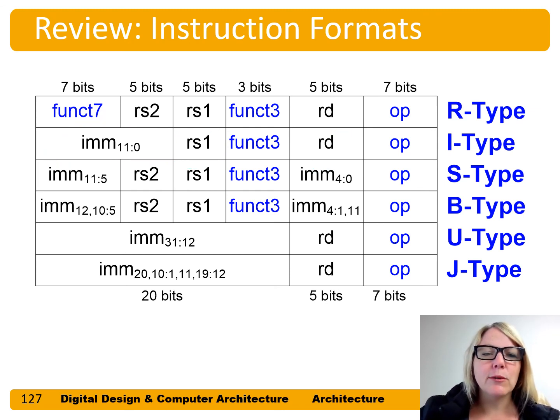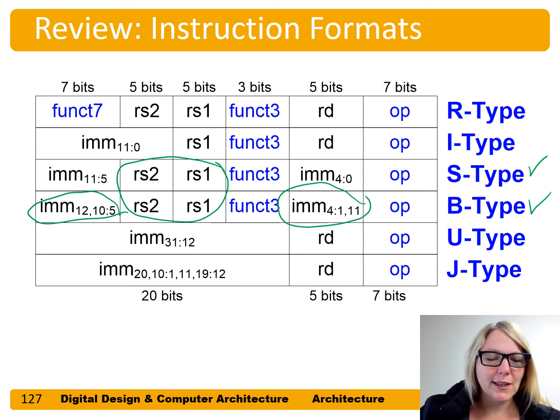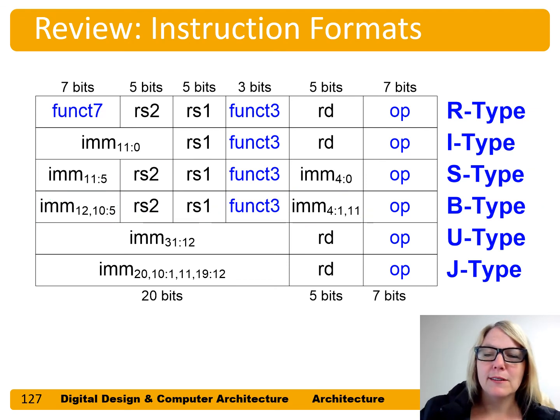S-type instructions have 2 source operands and a 12-bit signed immediate. For B-type instructions, a 13-bit signed immediate with a strange bit swizzling of the immediate across these 2 bit fields in the instruction, and we don't encode bit 0.